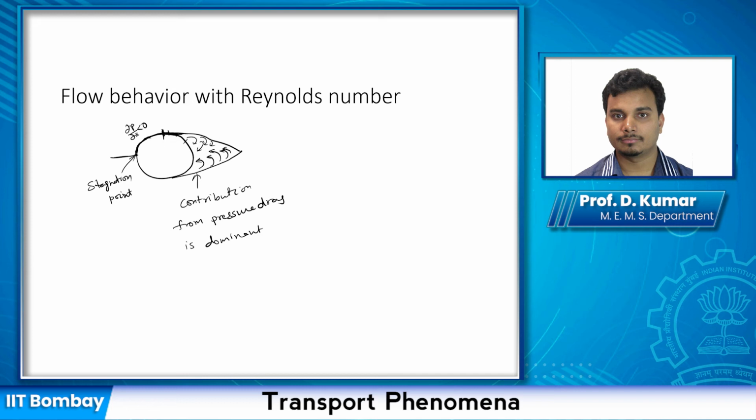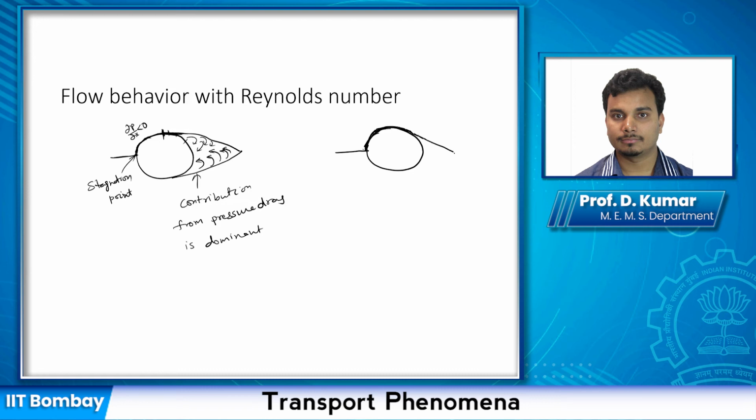Now, if you increase the Reynolds number further, the flow in the boundary layer itself becomes turbulent, and because of that, it remains attached to the surface for much longer, and the separation gets delayed.